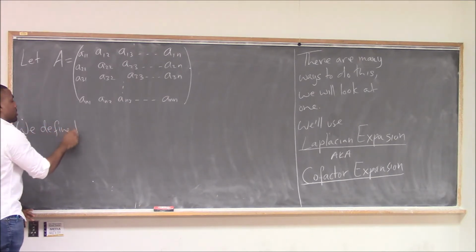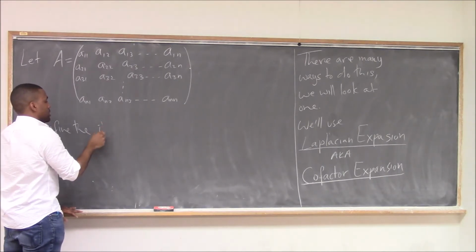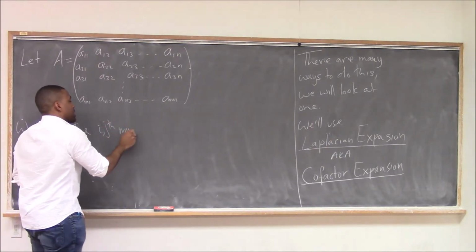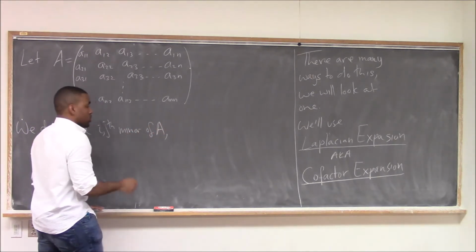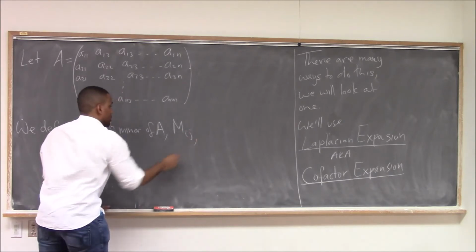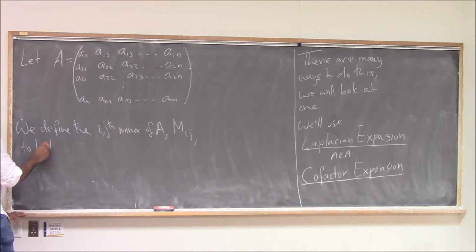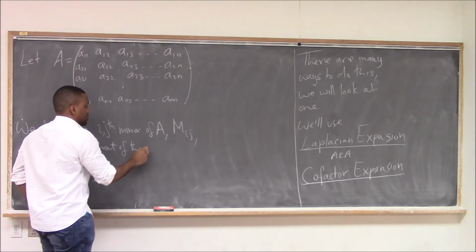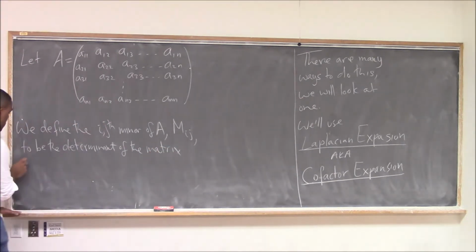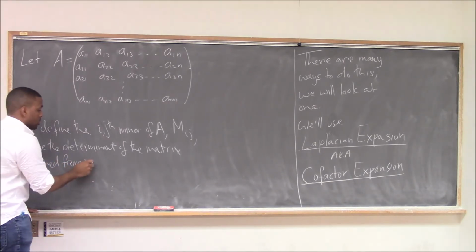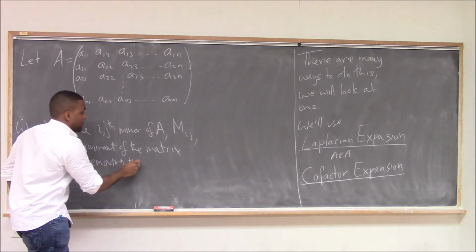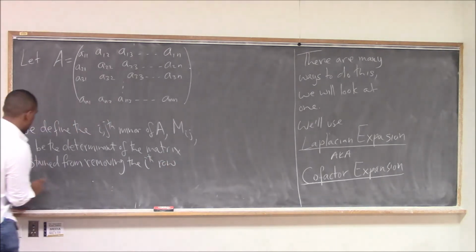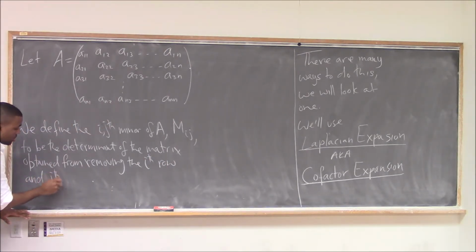We define the ij minor of A, which we will denote Mij, to be the determinant of the matrix obtained from removing the ith row and the jth column.